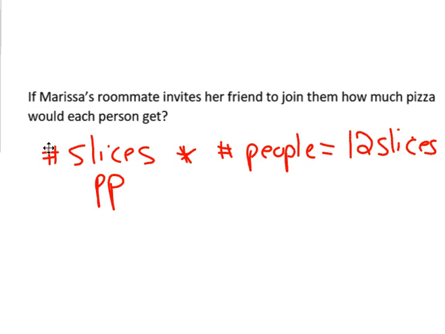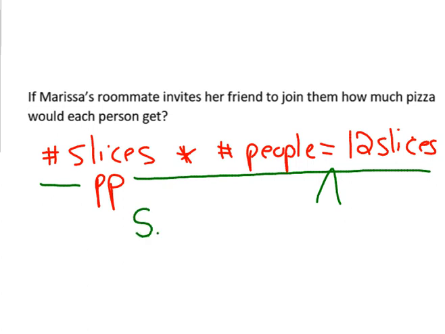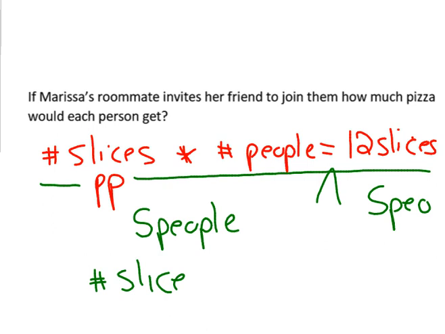Now we added a person, so we're going to change the number of people. So we'll have the seesaw. Since this side is heavy with multiplication, we need division. So we have a total of 5 people now. So the number of slices per person is going to equal 12 divided by 5.